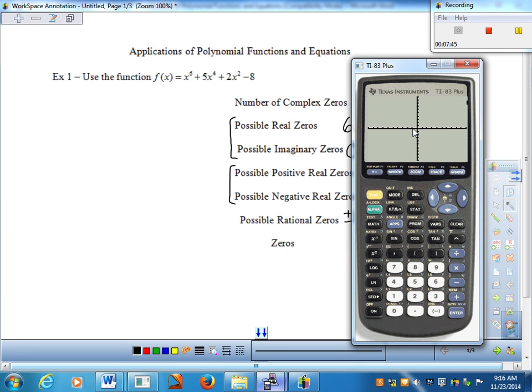I'm assuming this is 1 and -1. Those are on our list, and it looks like that's going to be the case. Remember, you are always welcome to use Zoom Trace and do a left bound and a right bound if you'd like. Totally your call. But notice that's going to be 1, and I won't waste our time on this. I do know that's -1 over there. So it looks like we have at least 2 to work with, and then we'll have to decide what to do from there.